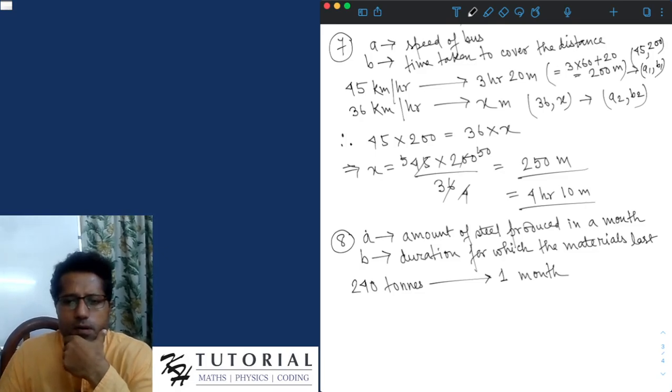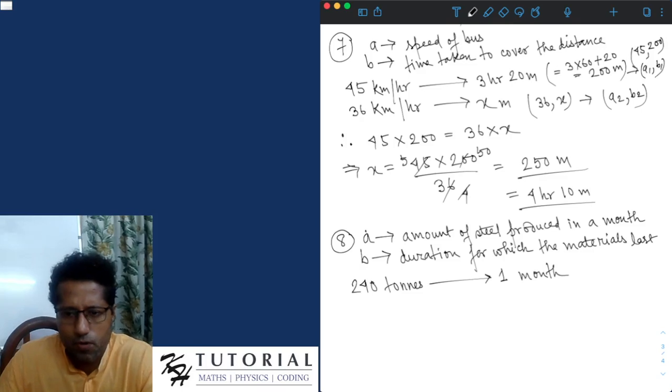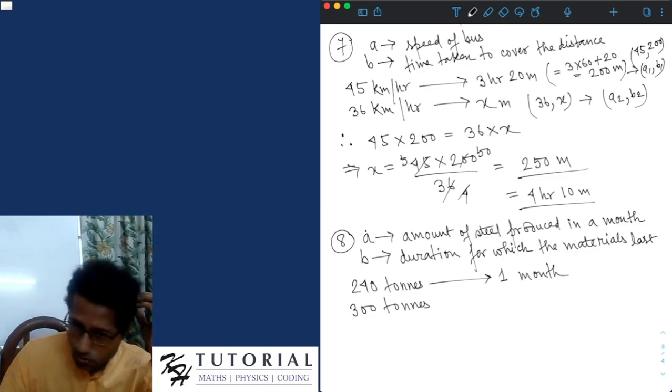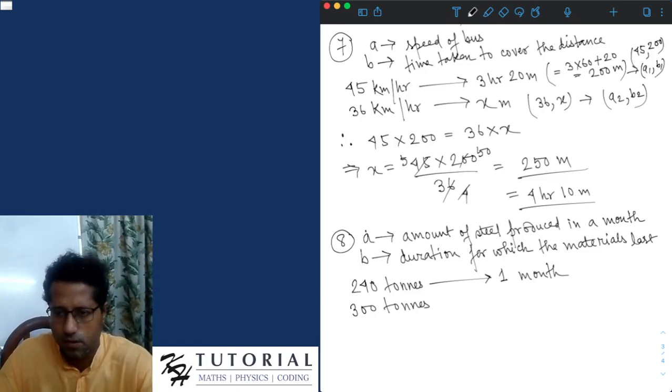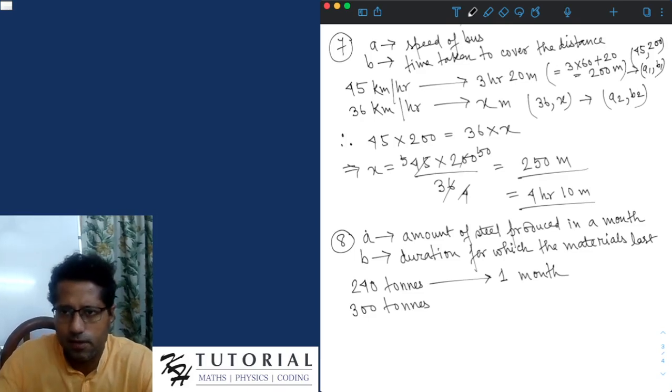Now, to produce 60 more tons, that is 240 plus 60, 300 tons, since the materials will last less than a month, it will be in days. So let's convert the unit 1 month to 30 days.